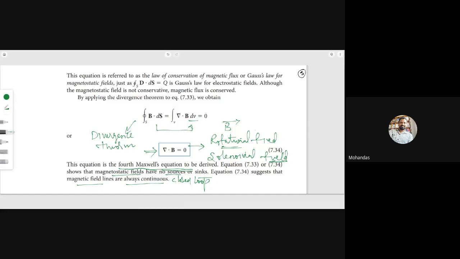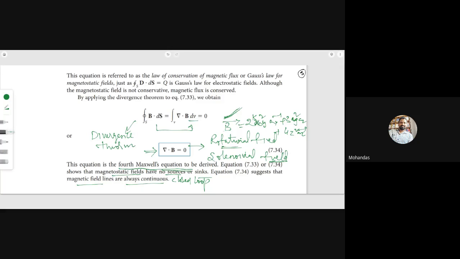Suppose the B vector is given like this: 2x squared y ax plus 3y squared az plus 4z squared az, and sometimes they will give some constant k here.